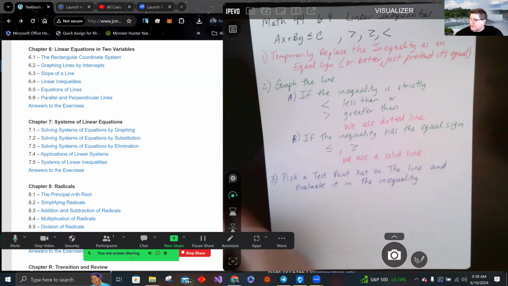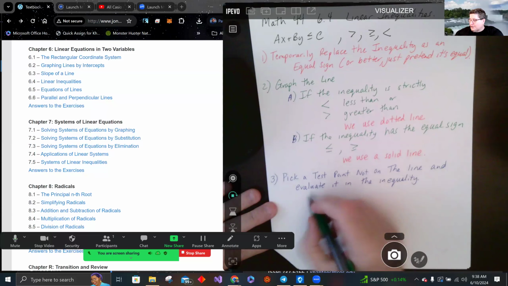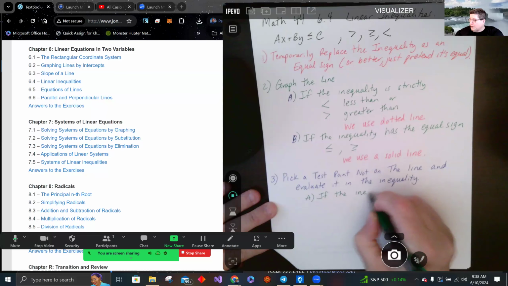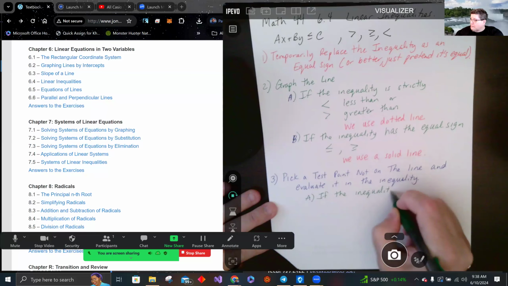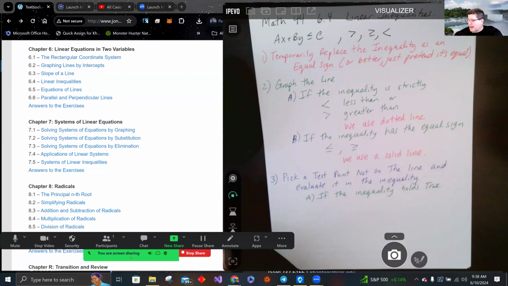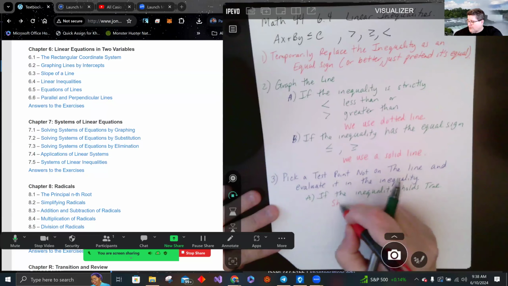Now we've got a couple options here. If the statement is true, if the inequality holds true, we're going to shade on the side of the test point.